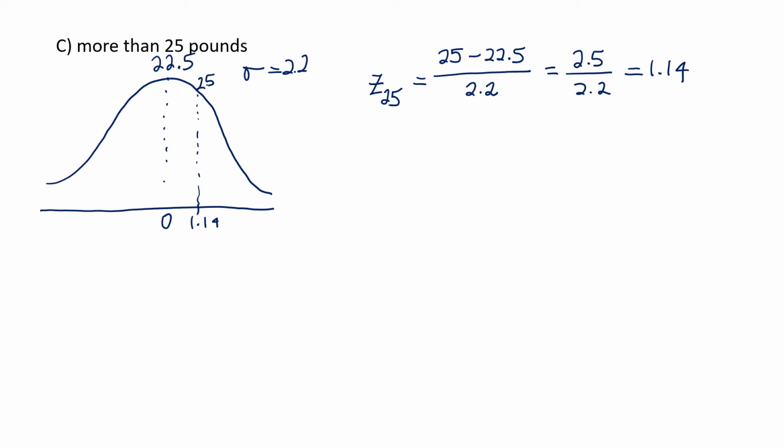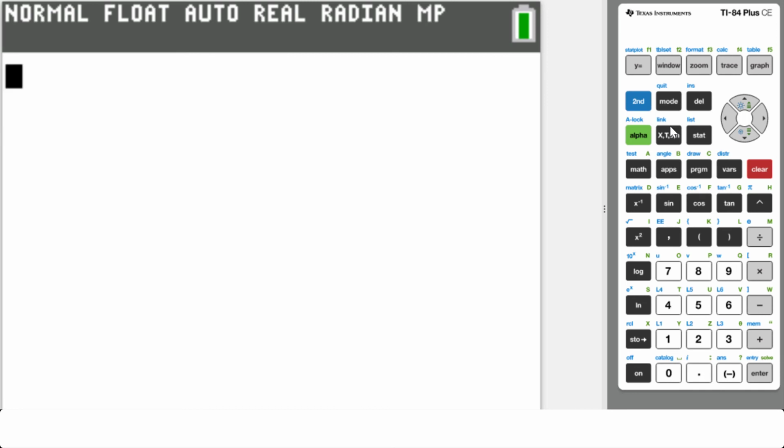The area that we are looking for is to the right of the 25. We'll use our calculator to solve for this area, which gives us the percentage. Using the TI-84, let's go to the distribution tool.